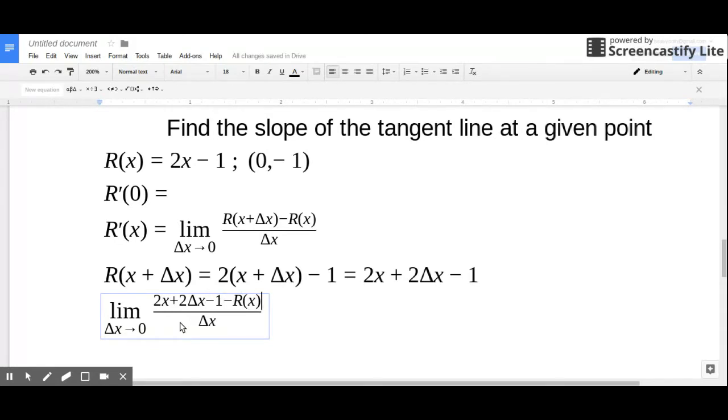And then, of course, r of x is just 2x minus 1. I almost forgot that. Okay, so we need to go through now, right? We can drop that, and we need to change that to a plus because we're multiplying across by -1 more or less.